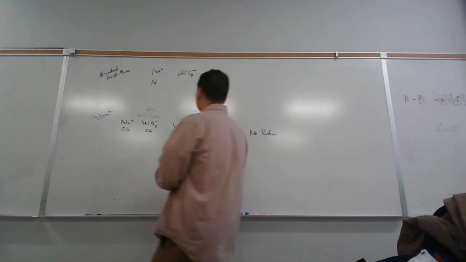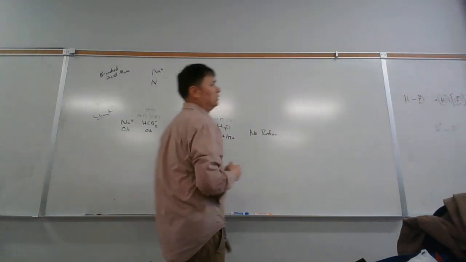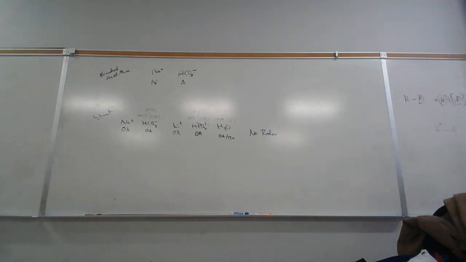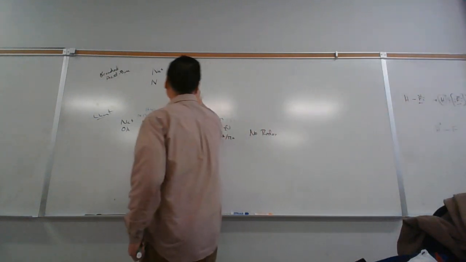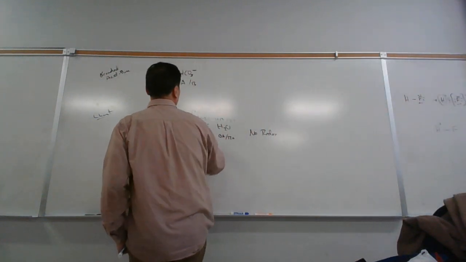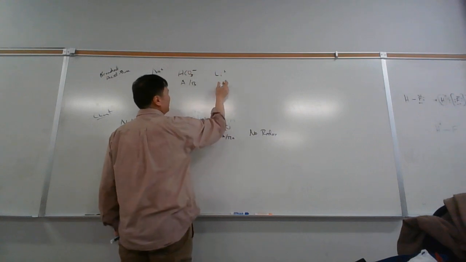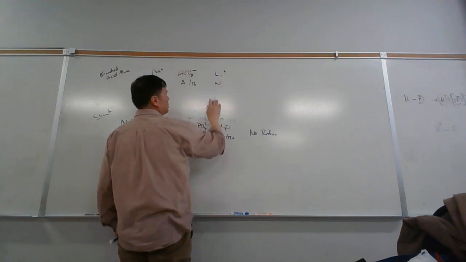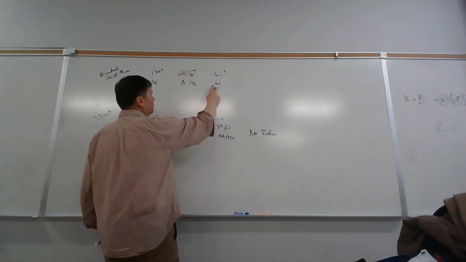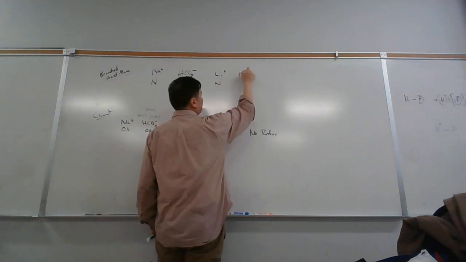So you might stop there, but you probably shouldn't stop there, because as we go on the other side here, let's go up to carbonate. Oh, here's bicarbonate on the other side. You see it? And so it's both an acid and a base. Then we have lithium ions. Lithium is neither a proton donor nor a proton acceptor, so we call it neutral. And then we're going to have monohydrogen phosphate.